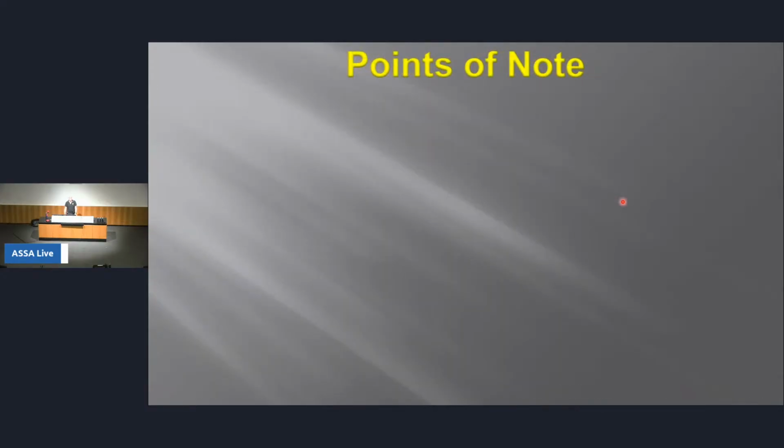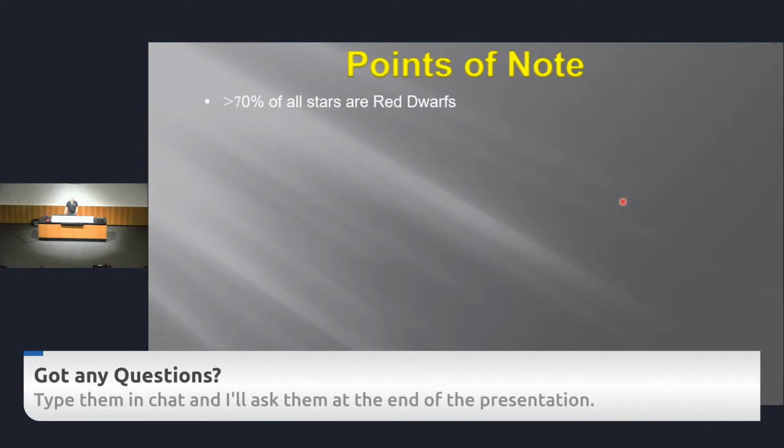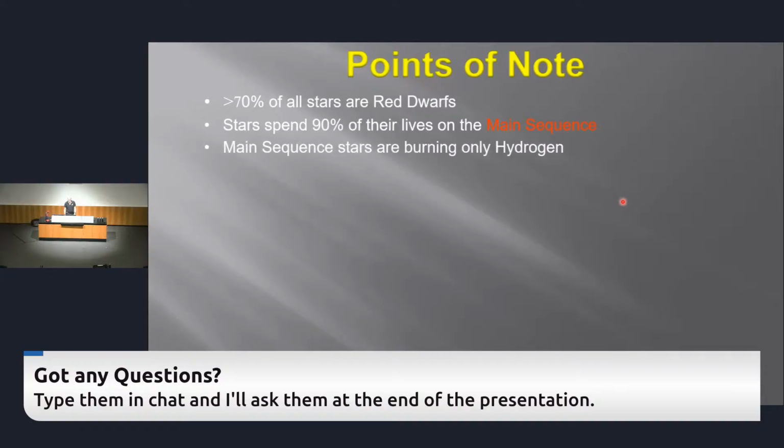So just a few points of note, or a bit of a wrap up here. Greater than 70% of all stars are red dwarfs. Stars spend 90% of their lives on the main sequence, and that's because hydrogen burning lasts a lot longer than the fusion of any other element. Main sequence stars are burning only hydrogen.